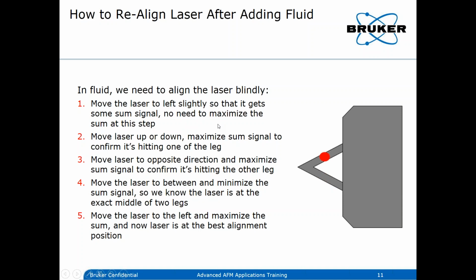Then you move it in the opposite direction and maximize also the sum signal to confirm it's really hitting the other leg, if it's a V-shaped cantilever. And then you move the laser in between and then towards the left so that it's back at the top. You can also do this in intermittent steps, like going along one leg and then along the one leg towards the left side and the middle center of the laser. This is slightly depending on you.